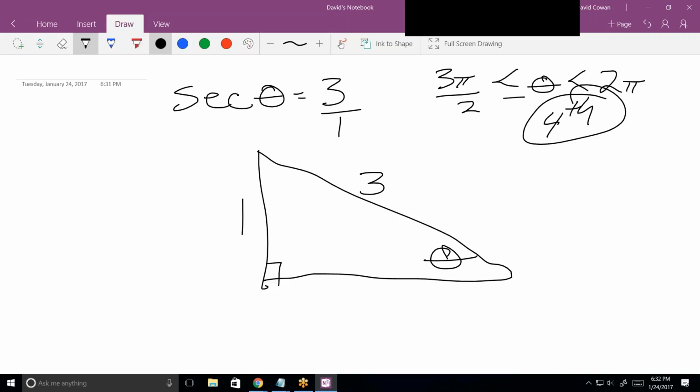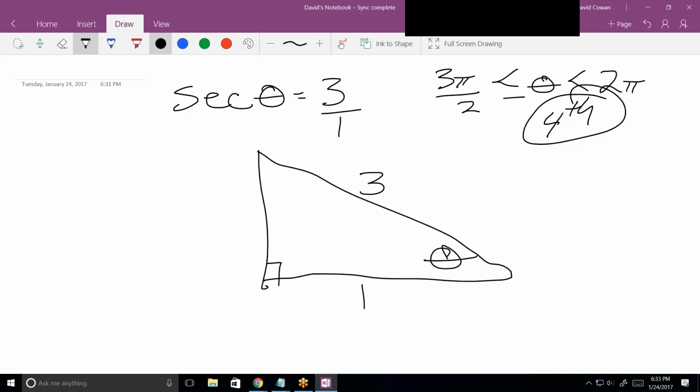I'm sorry, the cosine of theta would be here. It has to be this one here. Because if the two sides are this way, then the cosine of theta is 1/3, right? Which makes the secant of theta 3 over 1. Okay. In other words, whatever trig function they give you allows you to fully dimension the triangle.